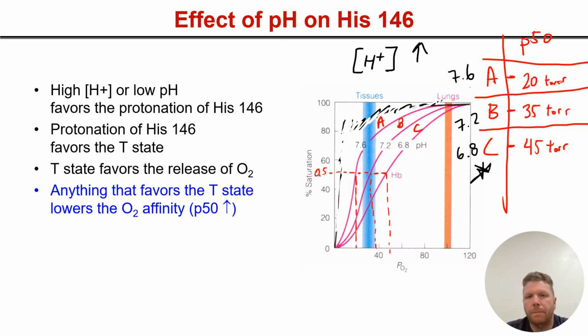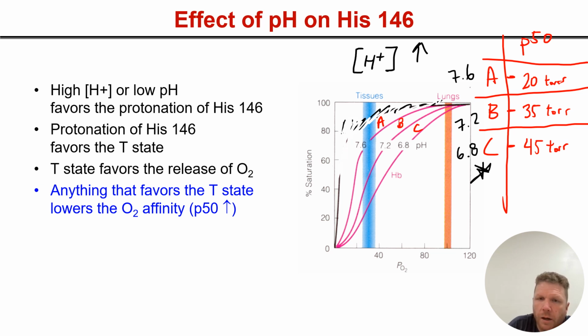And last but not least, anything that favors the T state lowers the O2 affinity and causes our P50 to go up. Okay, now one other thing that I wanted to highlight is if we wanted to compare, let's just say proteins A, B, and C to one another. This is just kind of important jargon and lingo.